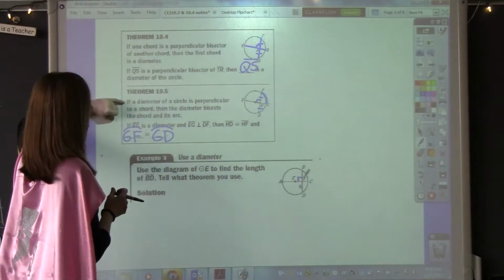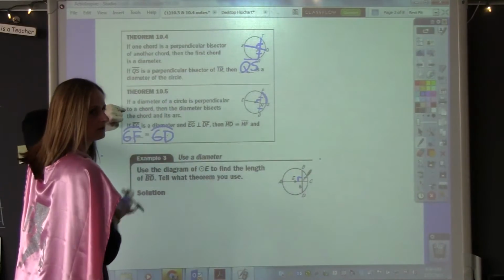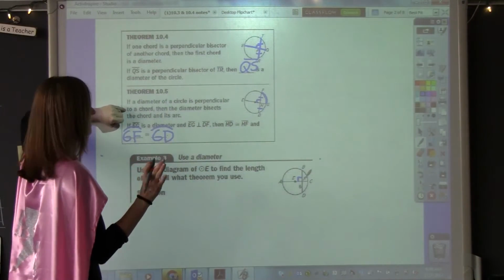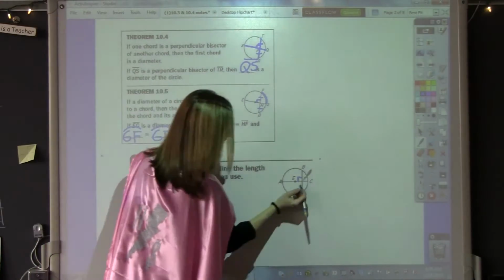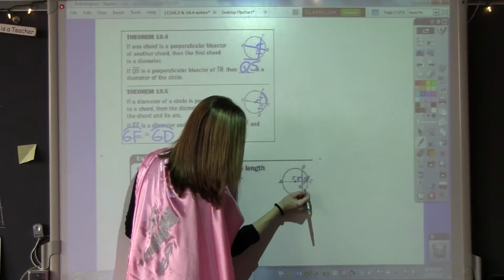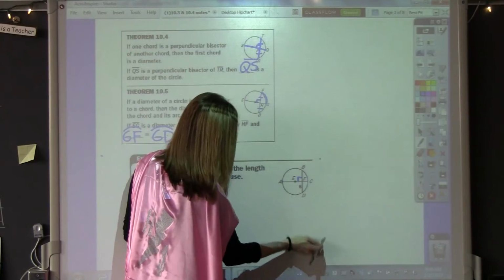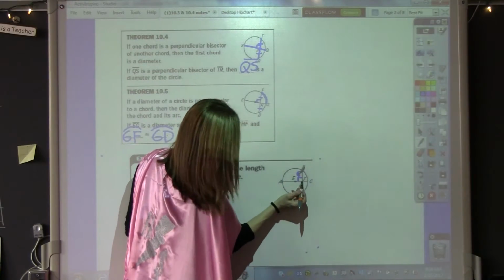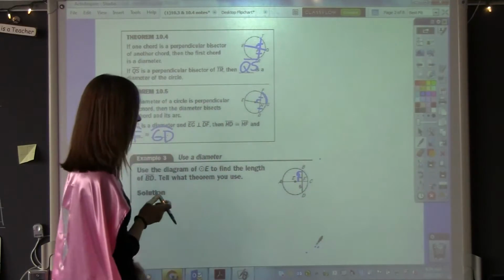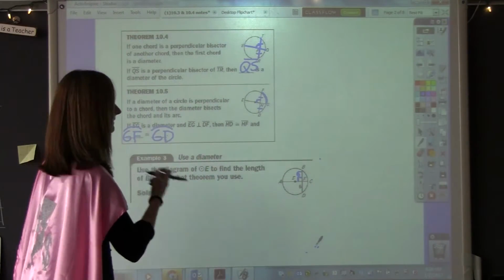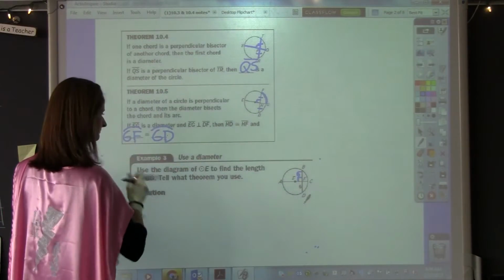So if a diameter of a circle is perpendicular to a chord, that's what we have so far, then the diameter bisects the chord and its arc. We're given the length of this segment here is 6. So what's the length of this segment? 6. So that's an F. So FD is 6, then FB is also 6. They're asking us to find the length of BD. So what should BD be? 12.